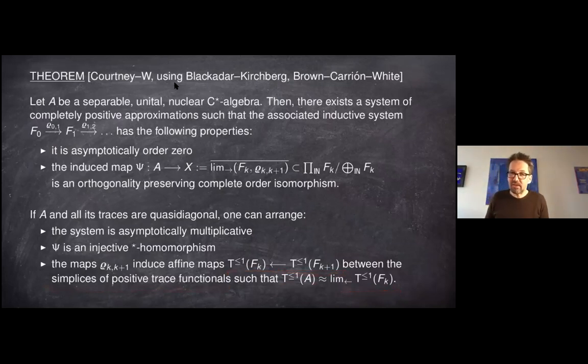Okay, so in this sense, if you have enough quasi-diagonality, if you can do this in an asymptotically multiplicative way, then you can read off the trace space of A from the approximating system in this sense. Okay, so there we have the first bit of information of how to read off a very non-trivial property about A from the inductive system.